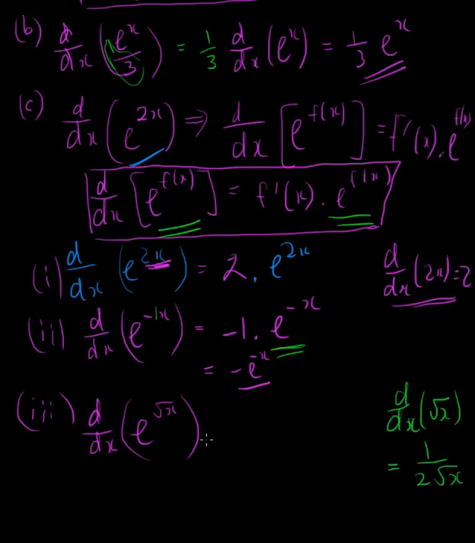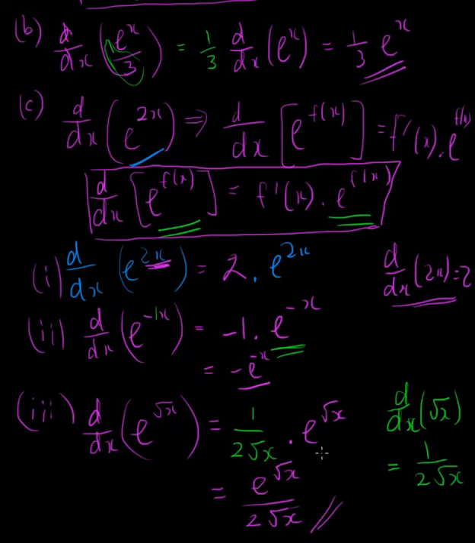Right? Just understand that part. If you do it yourself, you'll find that that's the case. So what happens now is that we can take this differentiation, put it at the front. So 1 over 2 root x and then everything else stays exactly the same, times e to the power of square root of x. So your answer is e to the square root of x over 2 root x. And that's your answer there.